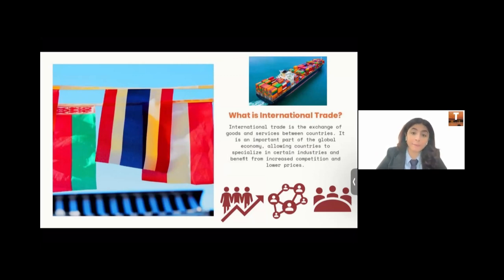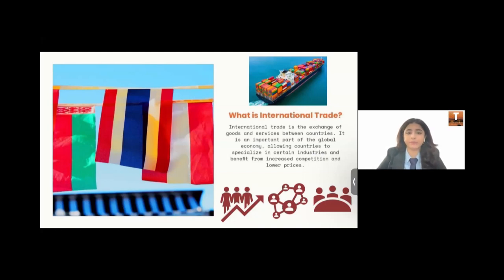International trade plays a crucial role in the global economy by promoting economic growth, specialization, and interdependence among nations. Since we are referring to Indian businesses here, India is a prominent participant in international trade, and it engages in various types of trade activities.